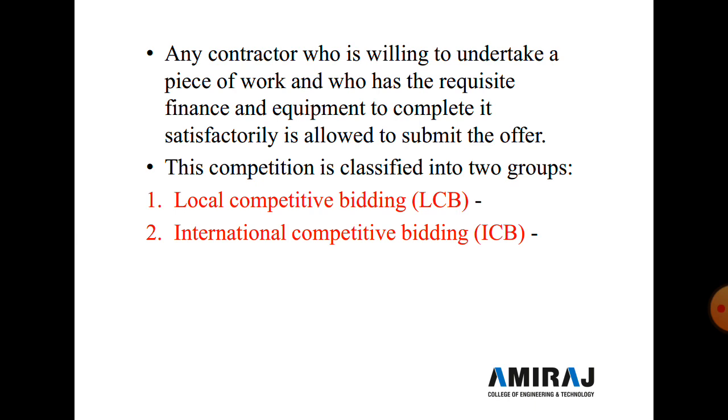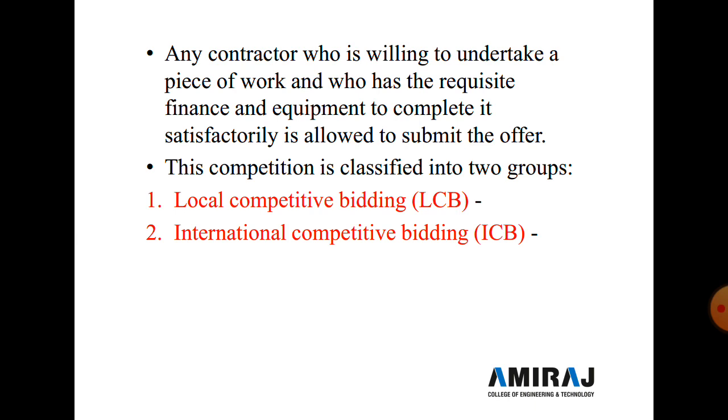And the competition is classified into two groups. First one is LCB and second is ICB. LCB is local competitive bidding. So what is local competitive bidding? When the submission of the tender is restricted to Indian companies only, it's called LCB, local companies.